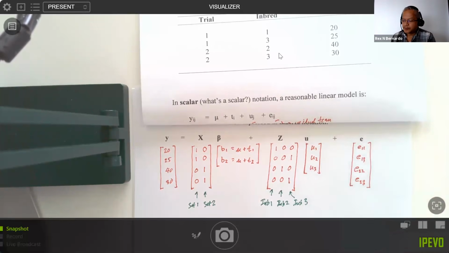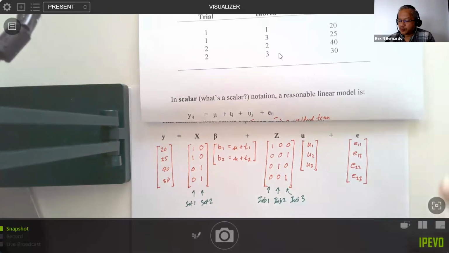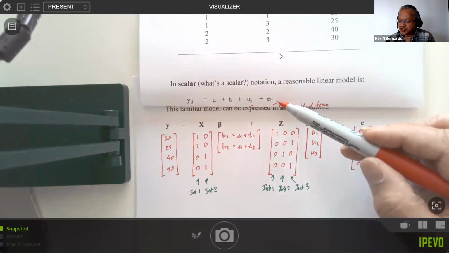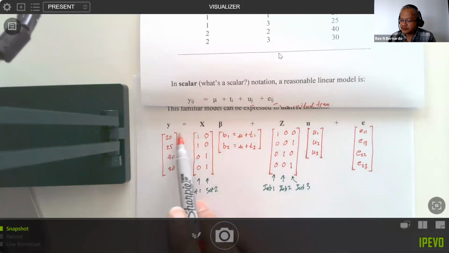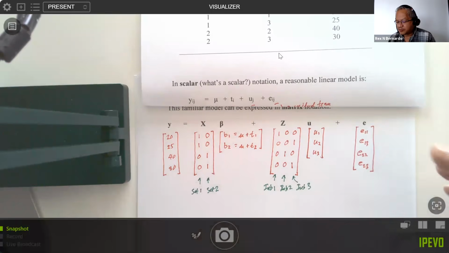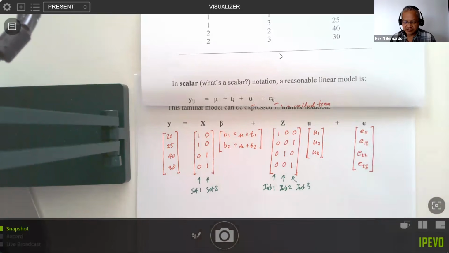All right. So again, all we have done here is express this familiar scalar notation in matrix form, and then we just started to build these matrices or write down what they would look like. Okay. Questions, comments? Is that clear so far?